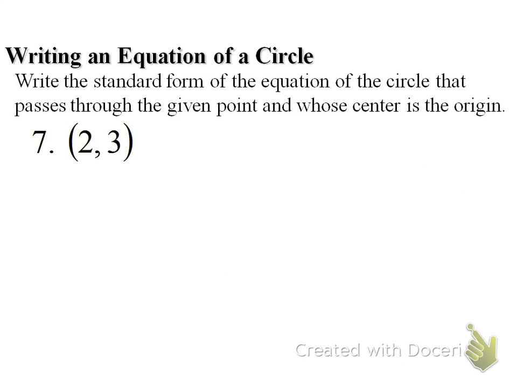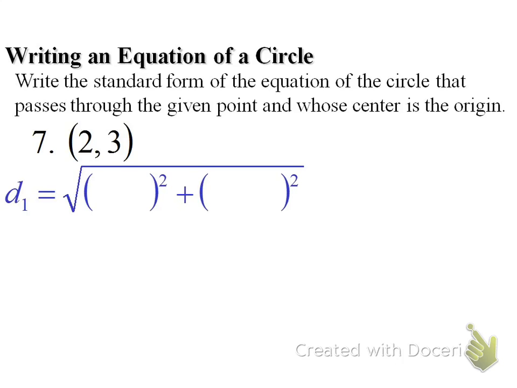All right, here's another one. Same setup. The circle is going through this point, 2, 3. Center is at 0, 0. In order to find my radius, I need to find the distance between that center and this point. So I'm going to use the distance formula. So I'm going to subtract my y's using that other point as my center, 0, 0.